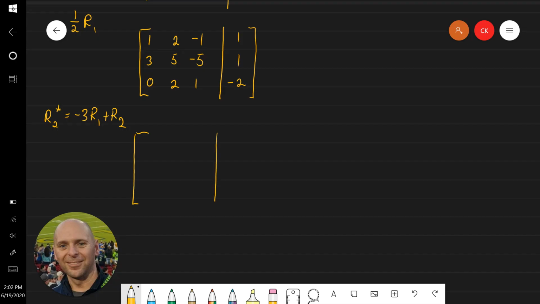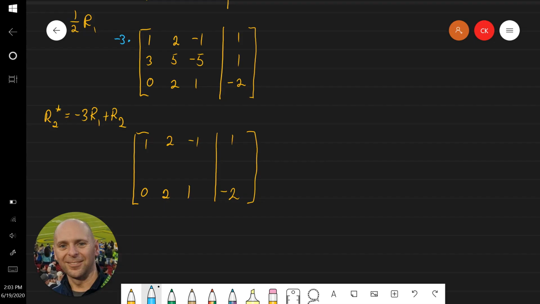Everything else in the matrix will remain the same, so we can rewrite all of that. So 1, 2, minus 1, 1. The first row isn't changing, and the third row is also not changing. But again, we're going to get a new second row, and we'll do this by multiplying the top row by negative 3 and adding it to the second row. And that, again, will create a new second row.